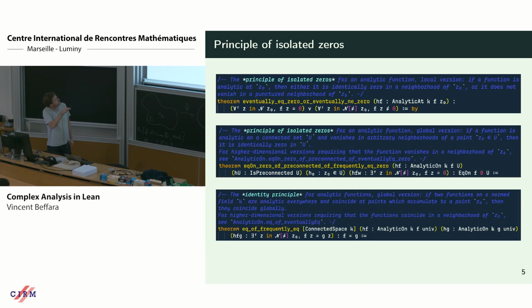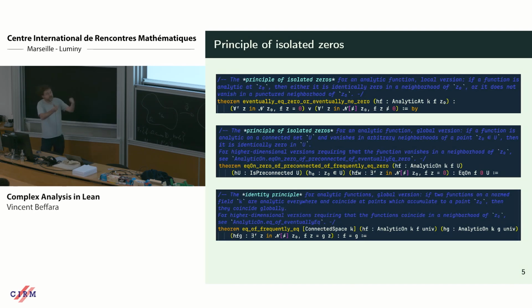So this is the local version of isolated zeros. You take a function which is analytic at a point, and then this is an OR, so we are in one of two cases. First case is for every z in a neighborhood of z0, that is, for every z close enough, then f(z) is equal to 0.